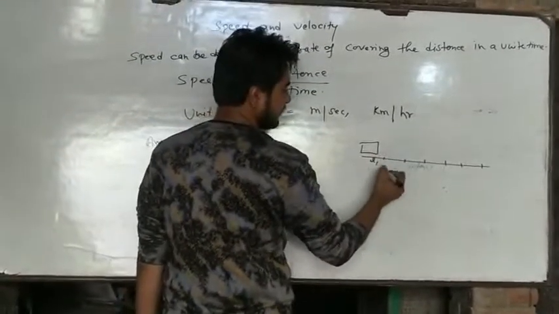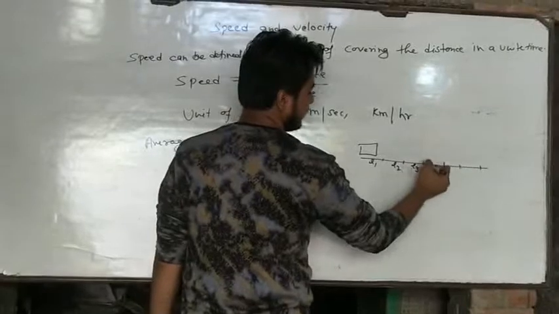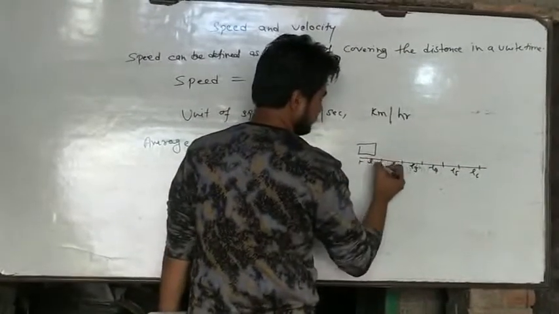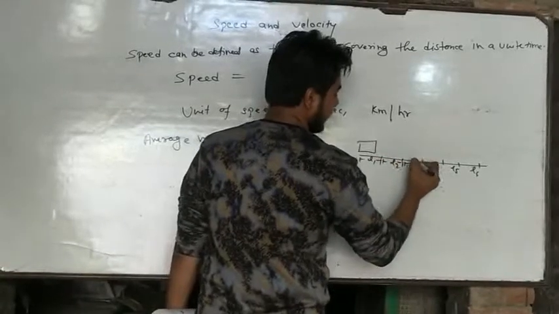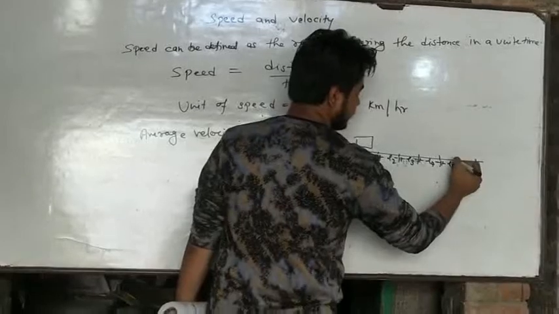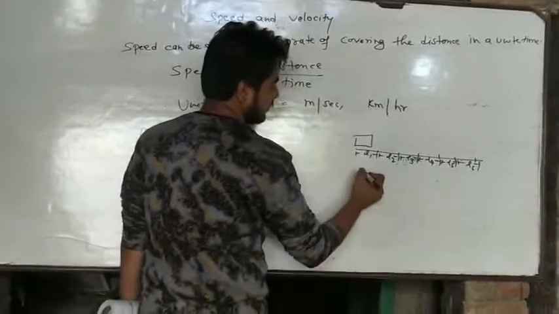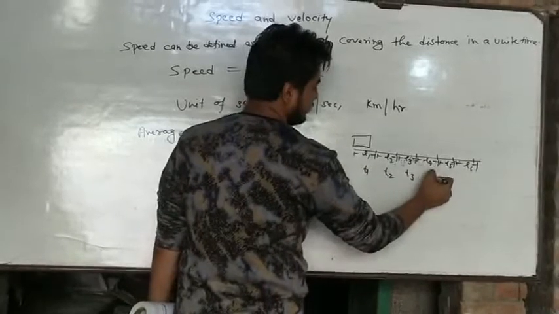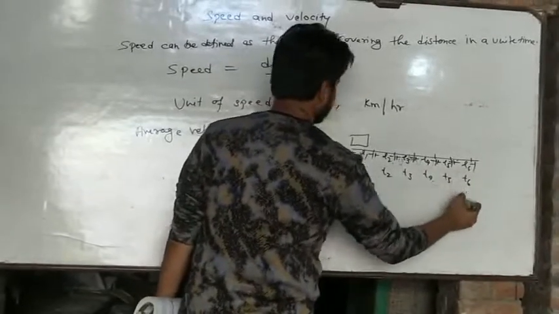These distances are L1, L2, L3, L4, L5, L6 respectively. The time taken by this object for these distances is T1, T2, T3, T4, T5, T6.